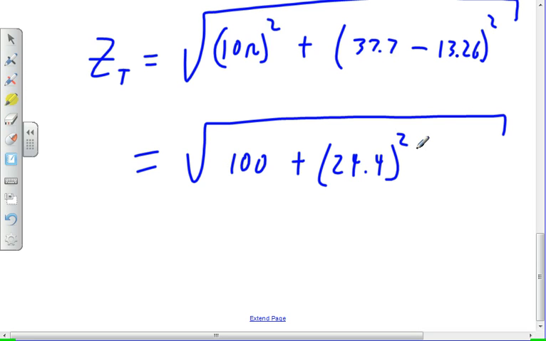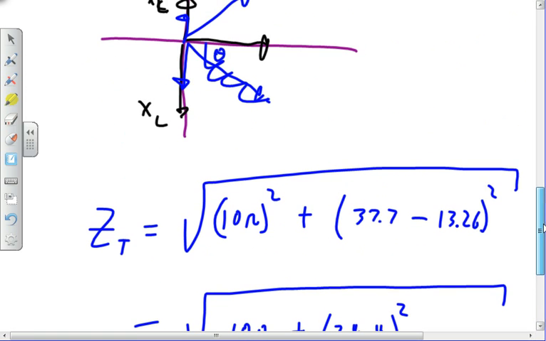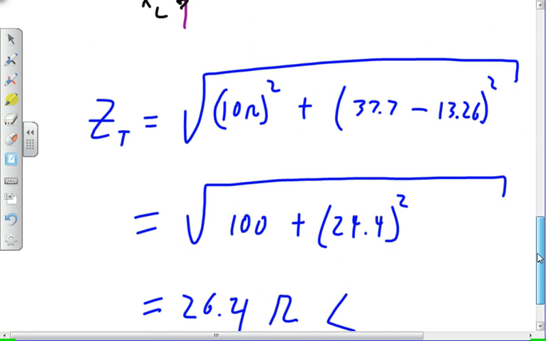Square root of 100 plus 24.4 squared. Boom. So I get 26.4 ohms at some angle. Now I have to get the angle out. Because it's this calculator and not my other calculator, I'm going to do something different for you.